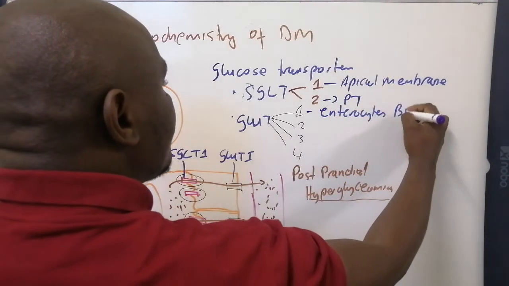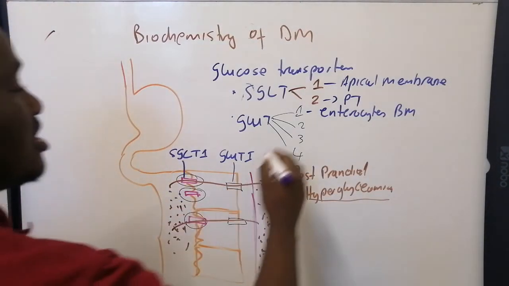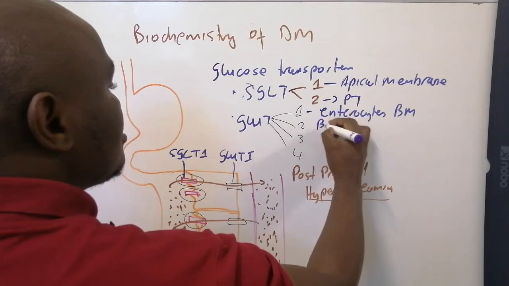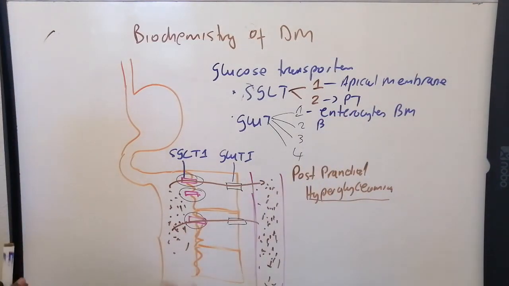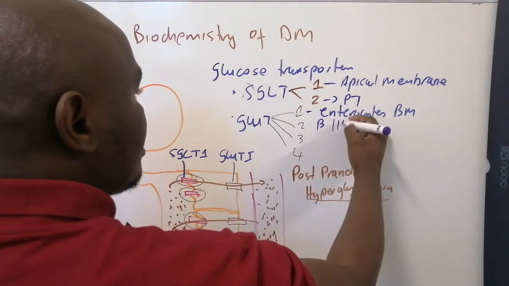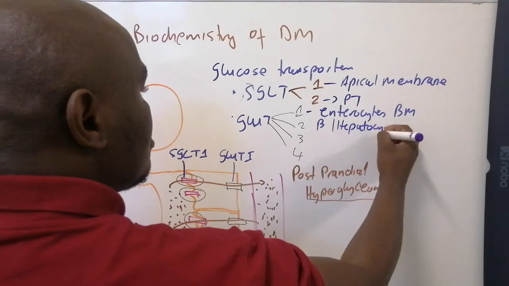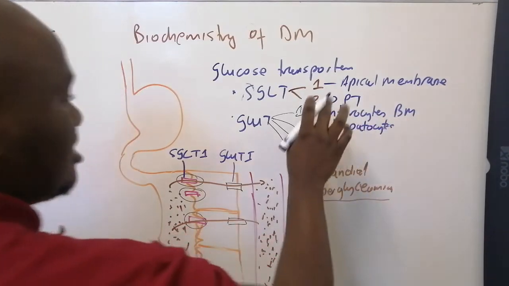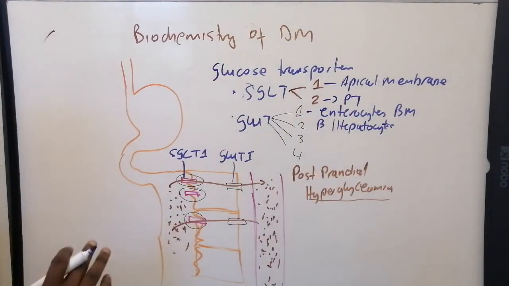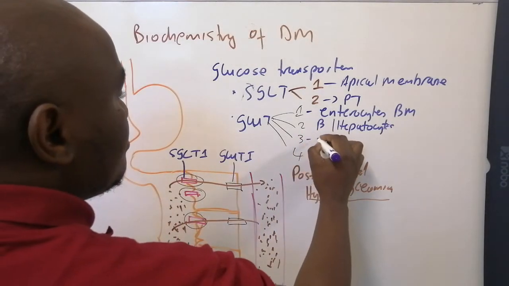But the basal membrane. Glucose transporter 2 is found in the beta cells of the islets of Langerhans, in the pancreas, obviously, and also in the hepatocytes. Very important. This is very high yield stuff. And then glucose transporter 3 is found in the brain.